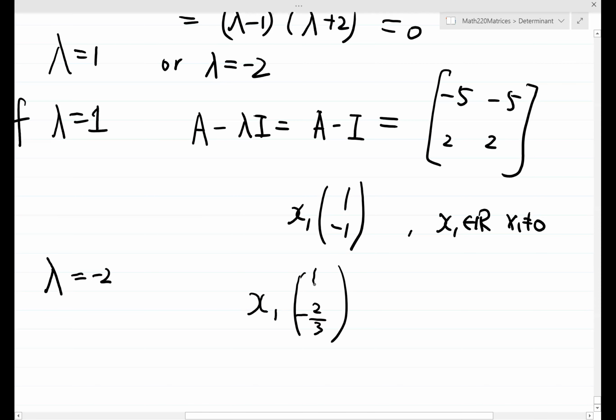For the null space, you can use linear elimination, which is very easy. Again x1 in R, x1 is non-zero. Then we're done for this. Next time we will compute more examples of eigenvalues and eigenvectors. It's a good time to stop here for today.